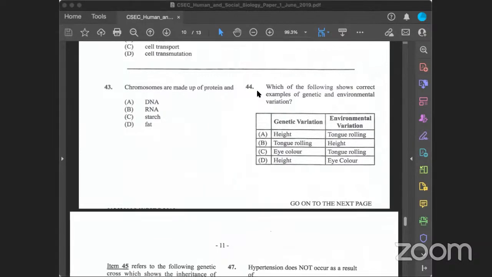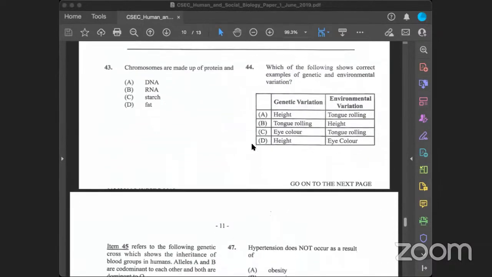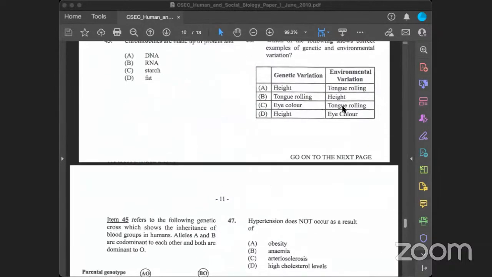B. Let me see. B, tongue rolling and height. Yeah. Yep, that's a good option. Though your DNA or your genes code for height, the environment, how much you eat or don't eat, is a good condition that either makes you tall or prevents you from being too tall, right? So B is the best option there.